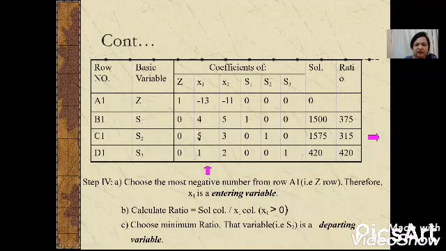First we convert this 5 to 1. To convert this, we divide this row by 5, then we get 1 here. Then we apply row operations in such a way that 0 appears in the place of the other elements of this entering variable column.